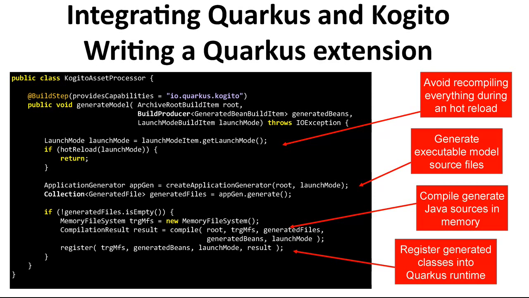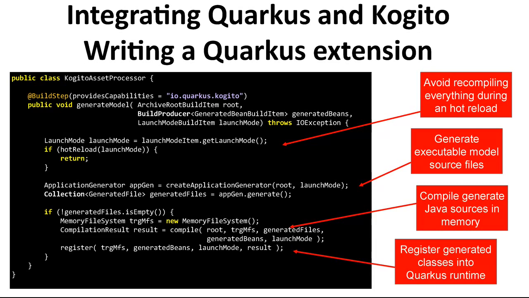We invoke the generation of what we call the executable model, and then we also started code generating some automatic REST endpoints. And what we do is just register these Java classes, created on the fly, inside Quarkus. This is basically all we did to integrate Kogito with Quarkus.